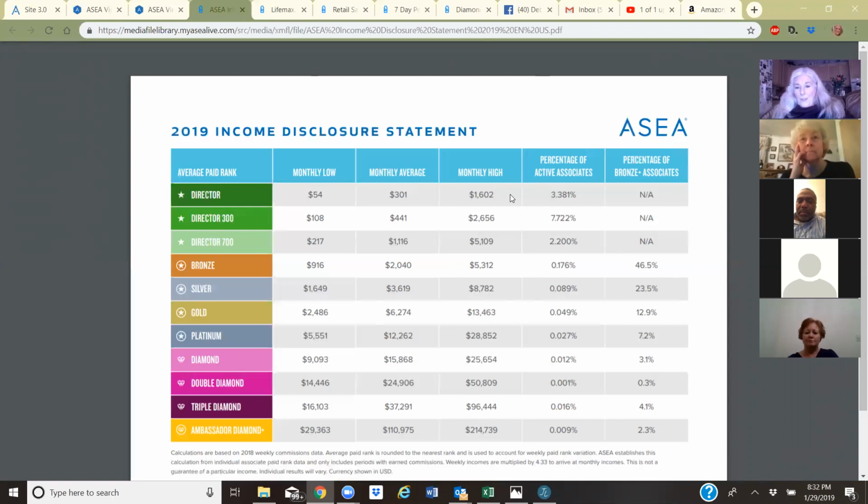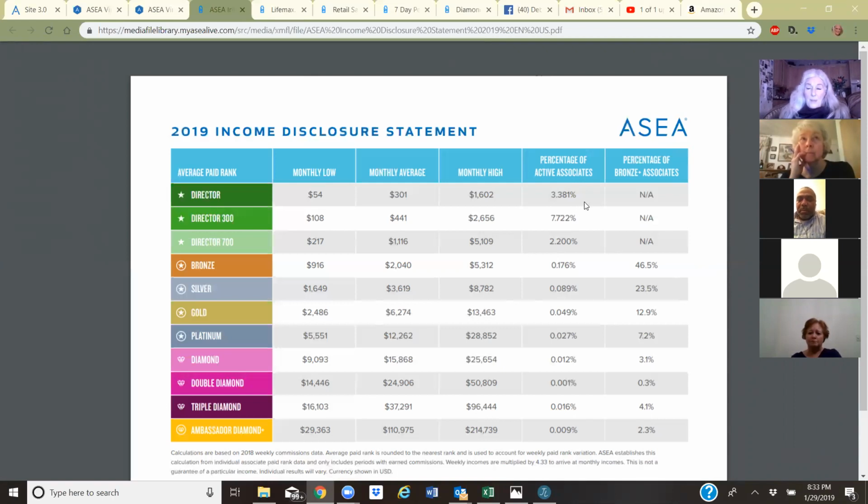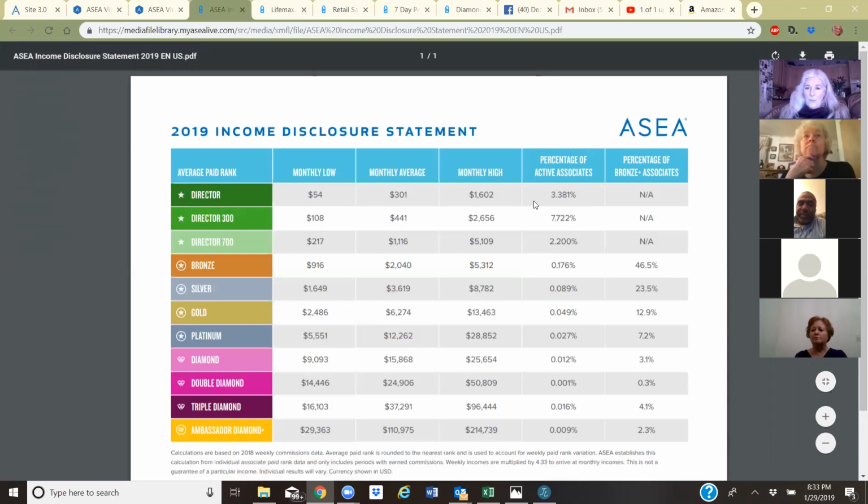And so this director could have made this high one time and then never gone on to do anything else. But these have been made, and these are the averages, and then this is the low. And these are just the percentage of active associates, the percentage of active directors. So this has nothing to do with how many associates are signed up, because the associates weren't even added into here. It was just the directors and above.